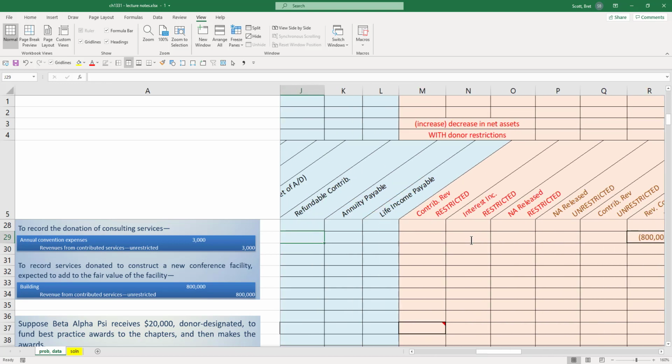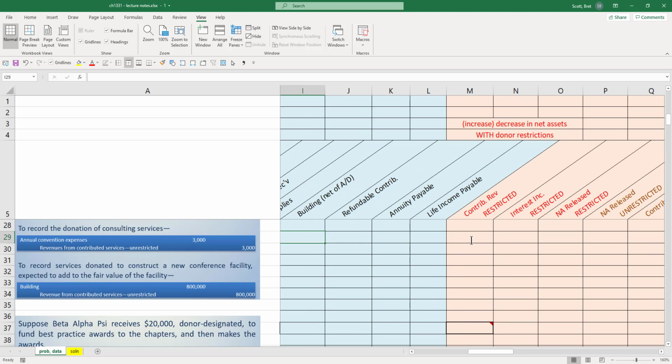Well, let's go over to our buildings account. Our buildings account would be, in this case, debited $800,000. So I debit $800,000 to the buildings account, net of accumulated depreciation, to say simply that somebody has donated, instead of money, time to actually building something I can use. So I'm not spending cash.